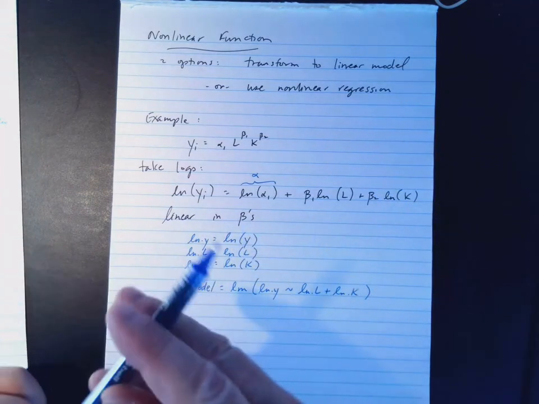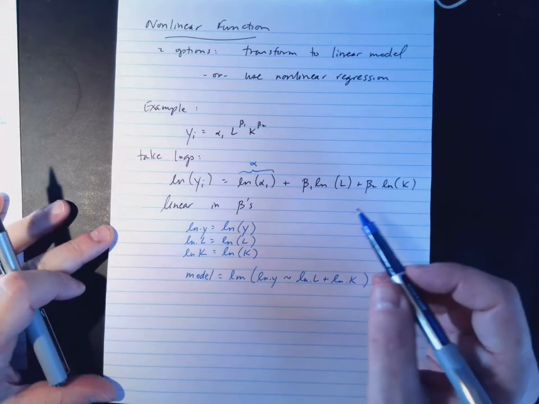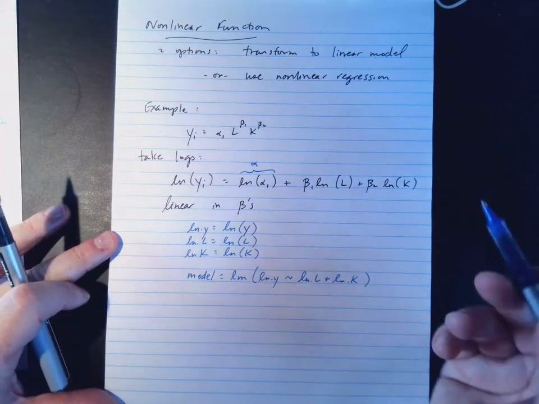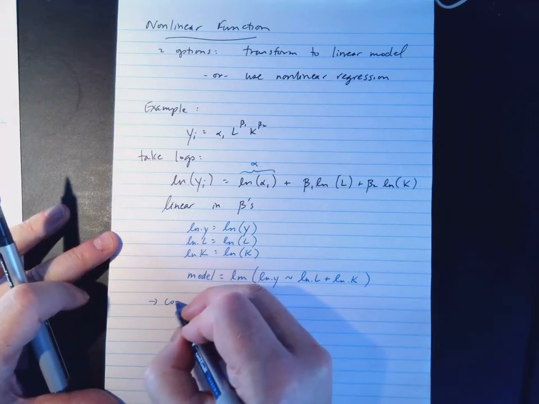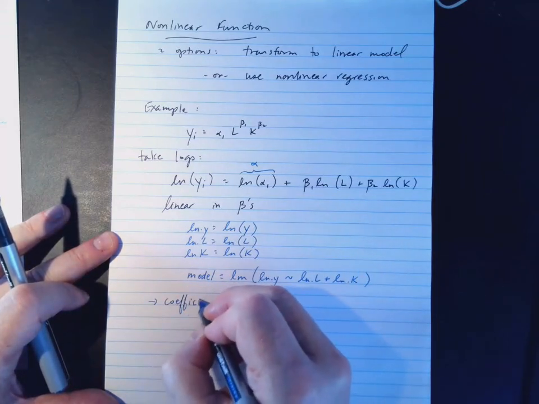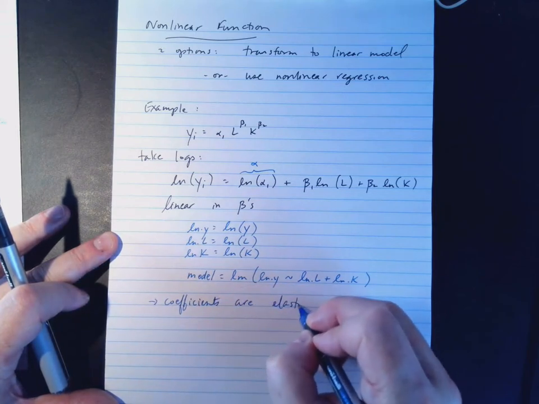And in this case, as you've probably talked about in microeconomics, if you've seen Cobb-Douglas functions, now the coefficients are elasticities.